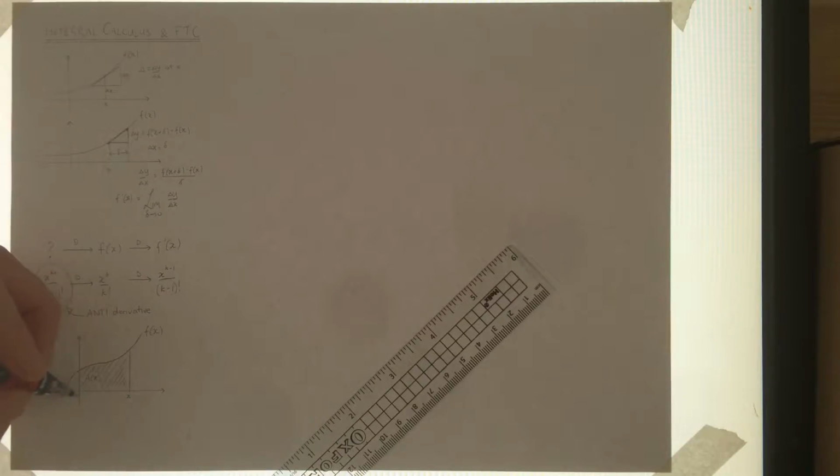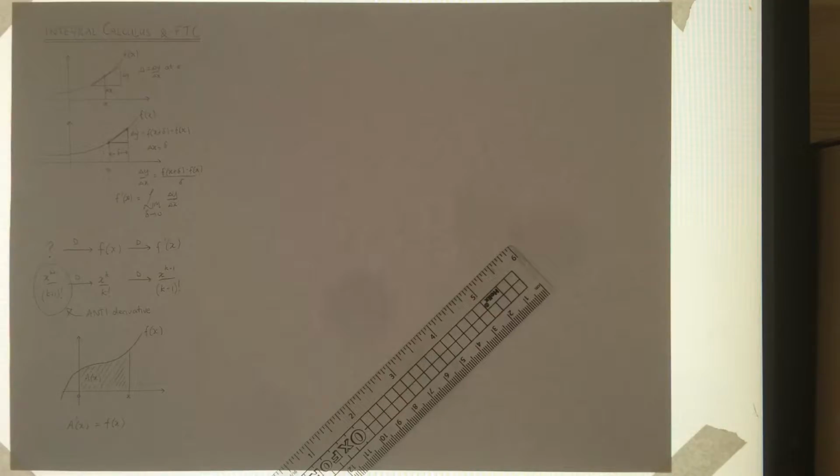So the area from 0 to x of the function. Then this area function is our antiderivative, i.e. if we differentiate our area of x, we get f of x.